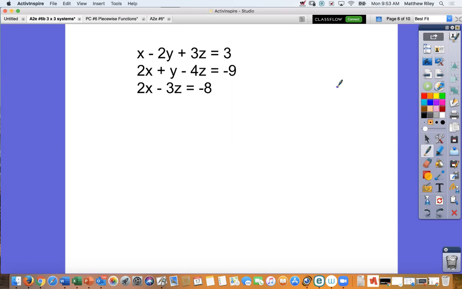All right, so why is this different? How is this different than everything we've done? The third equation doesn't have a y variable.